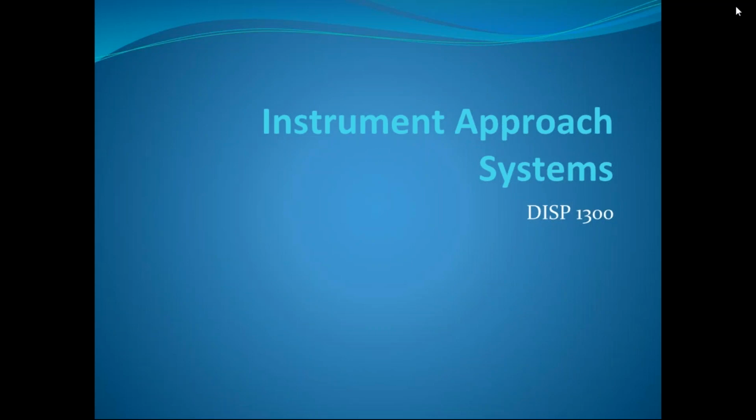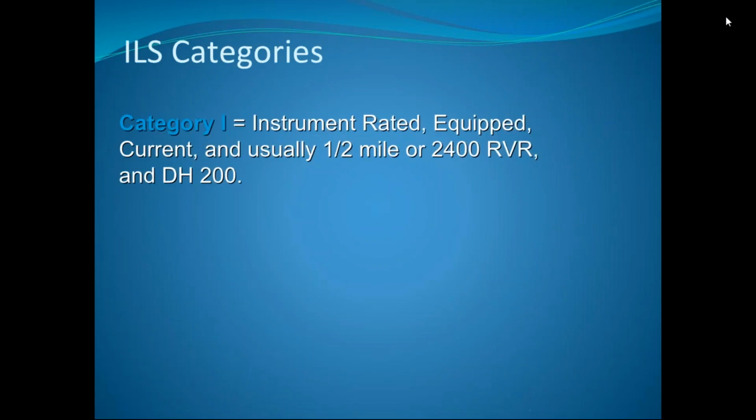let's talk about these, what we've seen them as. I mean, the way we've seen instrument approach systems referred to so far is IAP, instrument approach plates. But these systems, typically when we're referring to an IAP or an instrument approach, we're going to be talking about ILS.